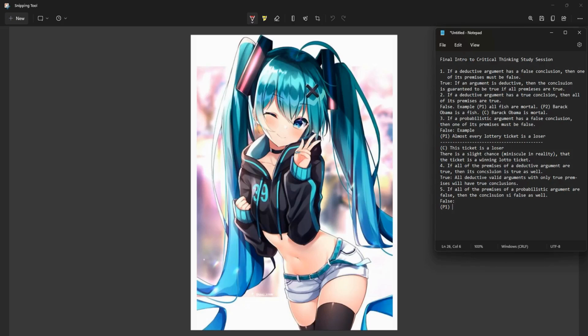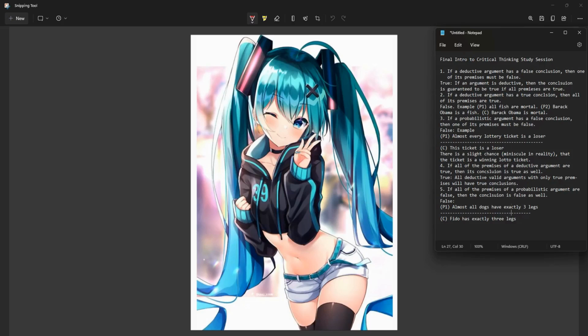P1, almost all dogs have exactly 3 legs. What are you talking about? And yet we conclude from this that Fido, the name of the dog apparently, has exactly 3 legs.